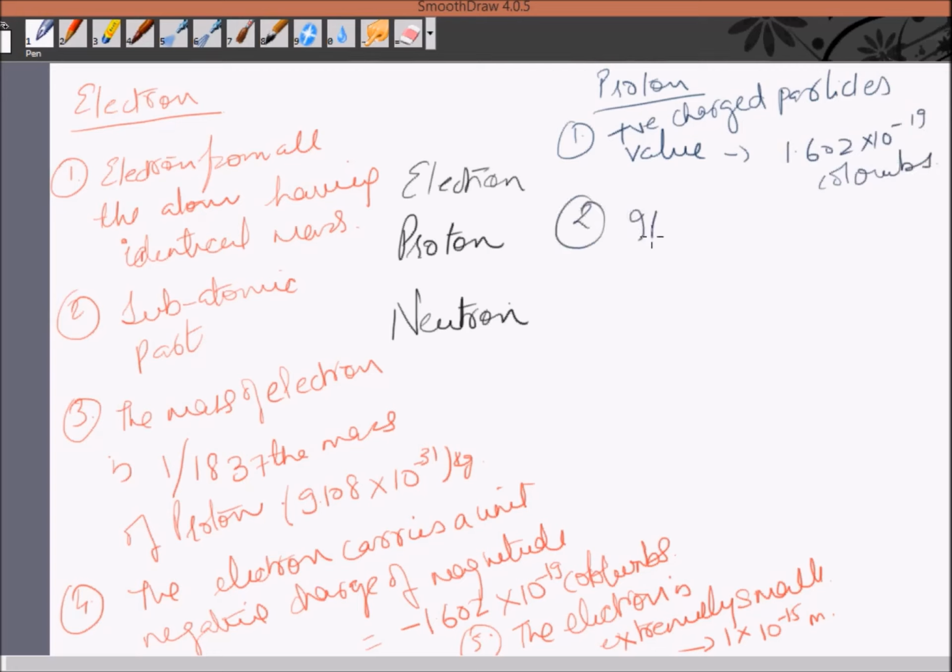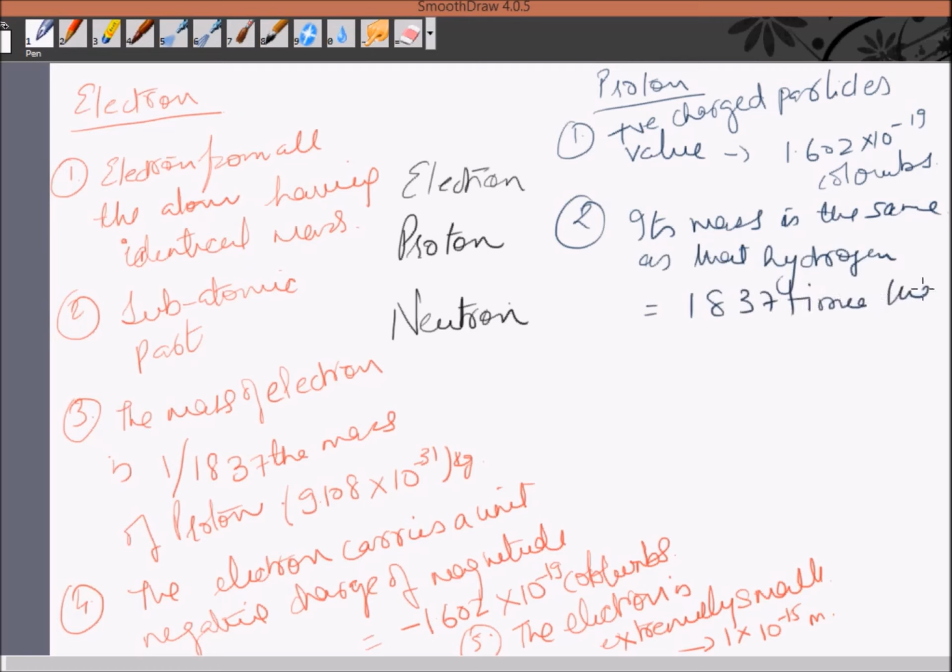Secondly, the mass is the same as that of hydrogen, that is 1837 times the mass of electron. We write electron like this.